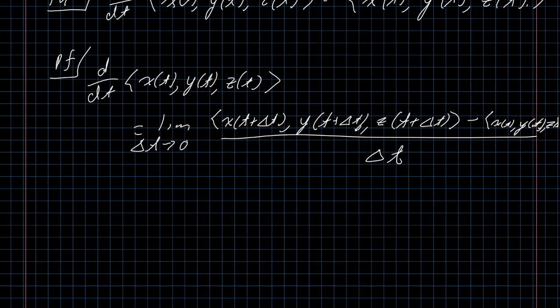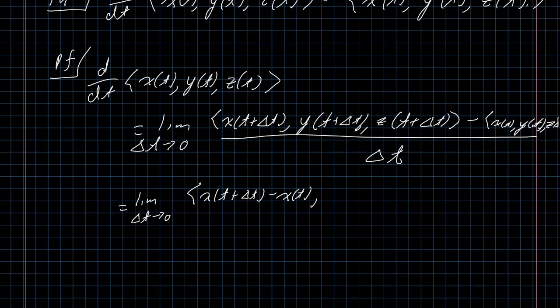Now, performing some operations on vectors. When you subtract vectors, you subtract component by component. So this is really the limit as delta t goes to 0 of the vector with x component x of t plus delta t minus x of t.